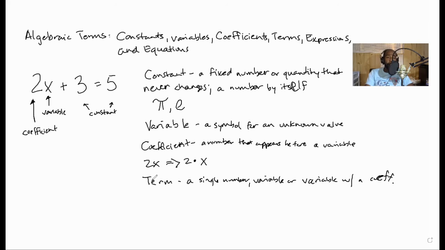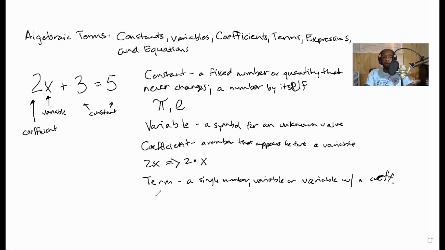So if you have a question that asks how many terms are in here: if you have a single number, like 3 or 5, each of those is a term. If you have a variable, like an x by itself, that's a term. If you have a variable with a coefficient, that together is one term. So this specifically has 1, 2, 3 terms in here.